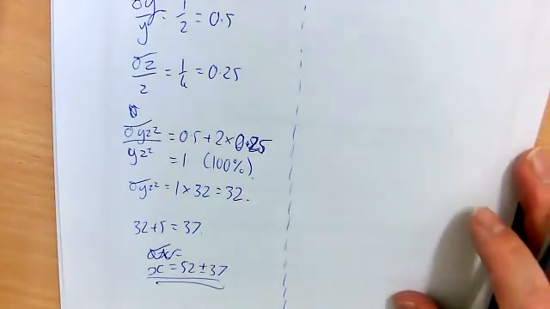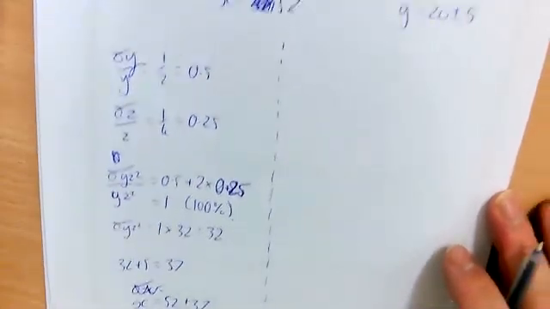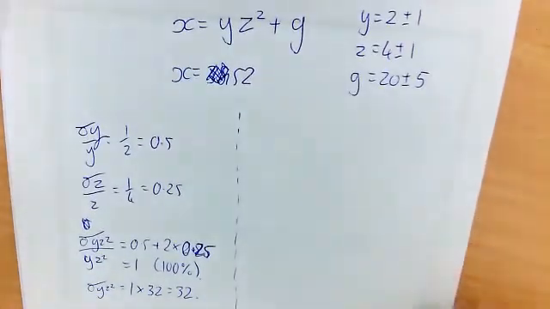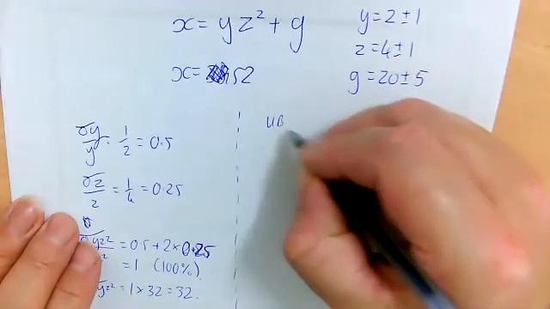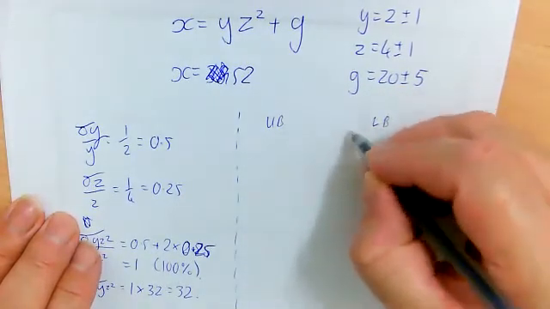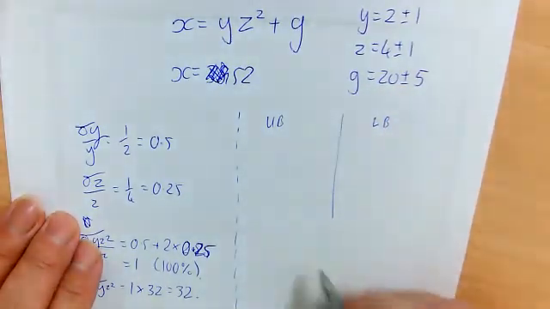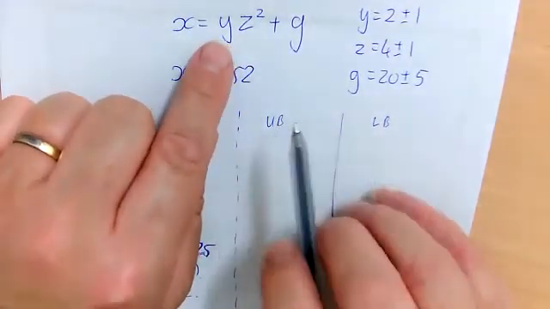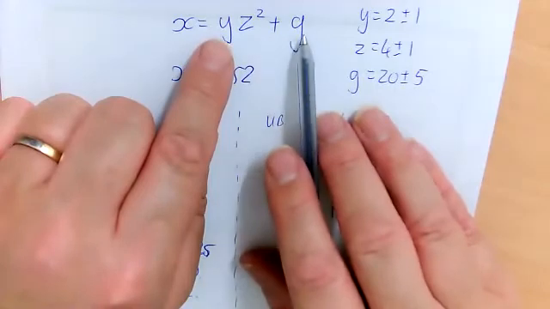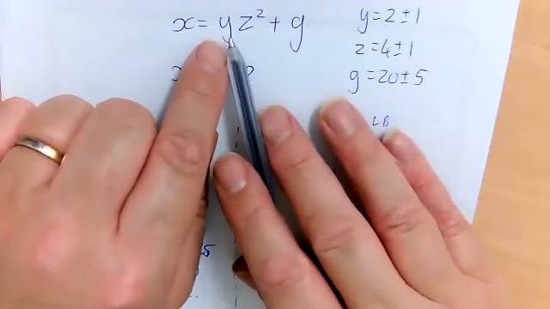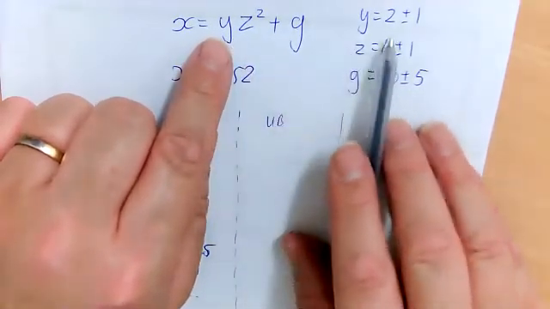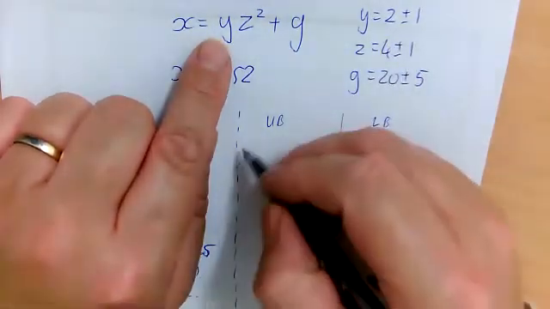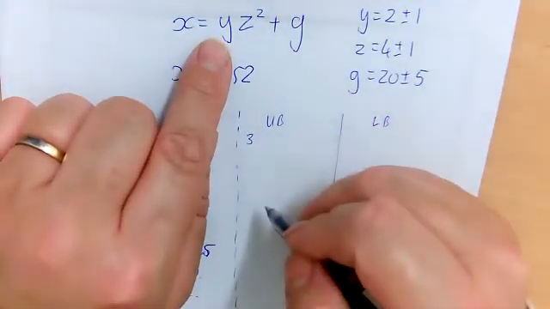Now, the other way to do this is to use bounds. So I could work out the upper bound and lower bound. The upper bound for this expression would be, because there's no divided term in here, all of these are going to be the highest possible numbers. So if y is 2 plus or minus 1, then the highest it could be is 3.